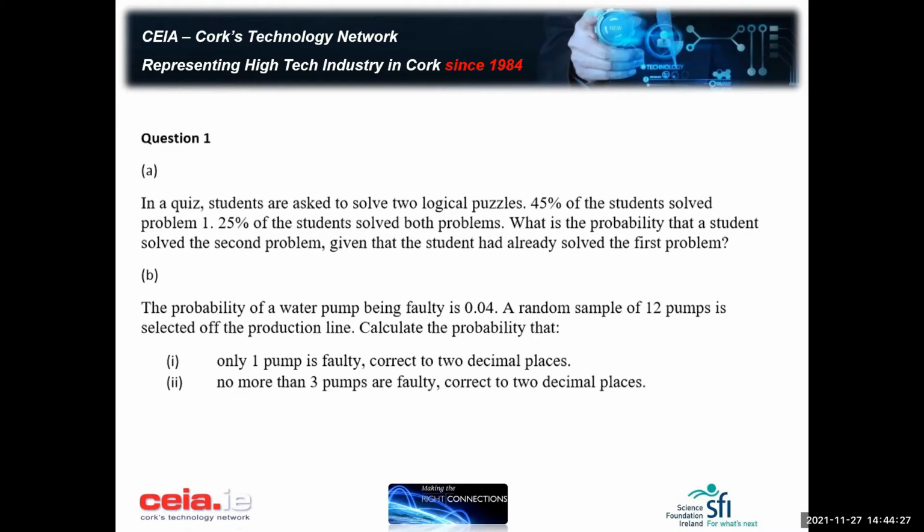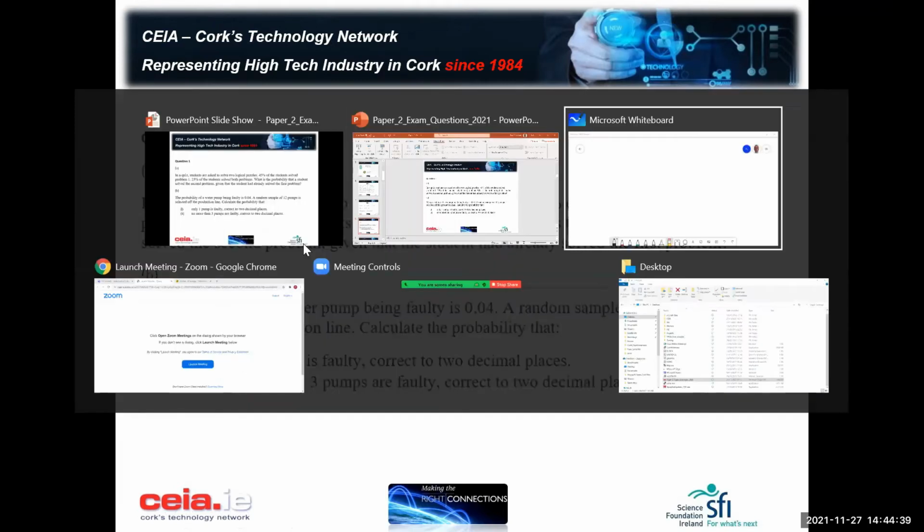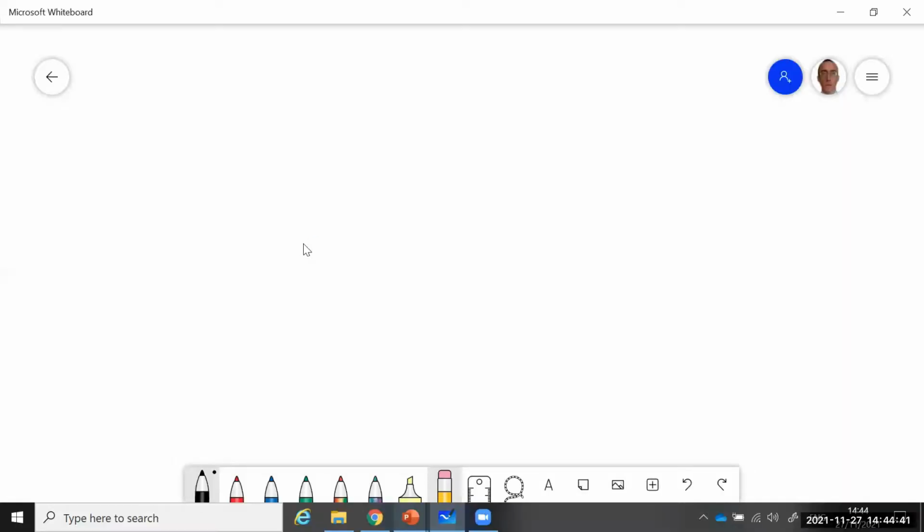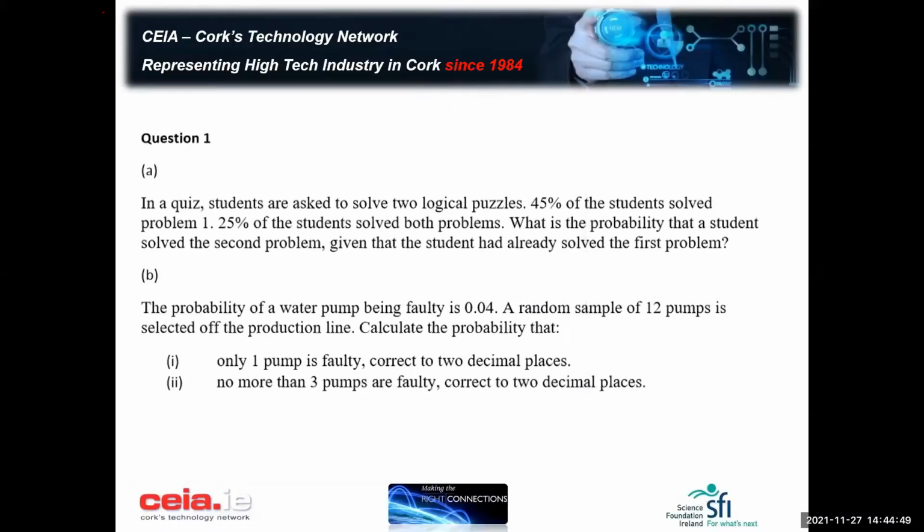I often think it's very important in these questions just to lay out your notation first.